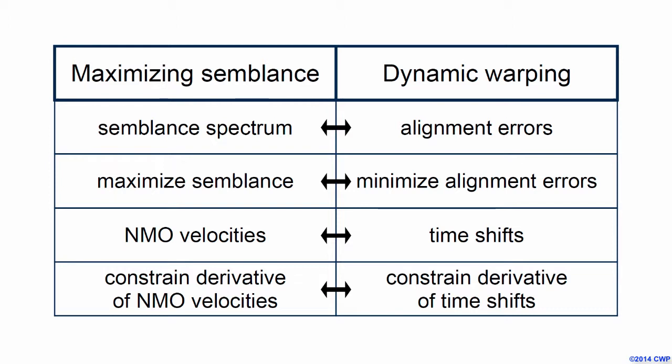And in order to find these NMO velocities, we maximize the semblance, whereas we minimize the alignment errors in dynamic warping. And as I'll show you a little bit later, we constrain the derivative of the NMO velocities with time, and in dynamic warping, we constrain the derivatives of the time shifts. But what's important about that is that we can relate these derivatives to geophysical functions.